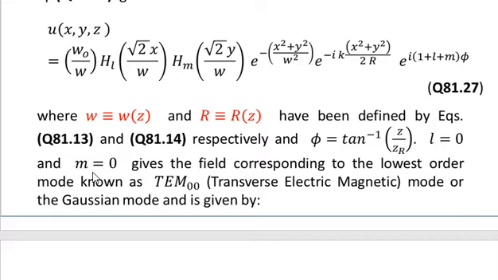L equal to 0, M equal to 0 gives the field corresponding to the lowest order mode, known as the TEM00 mode, which we call a transverse electric magnetic mode, or the Gaussian mode.